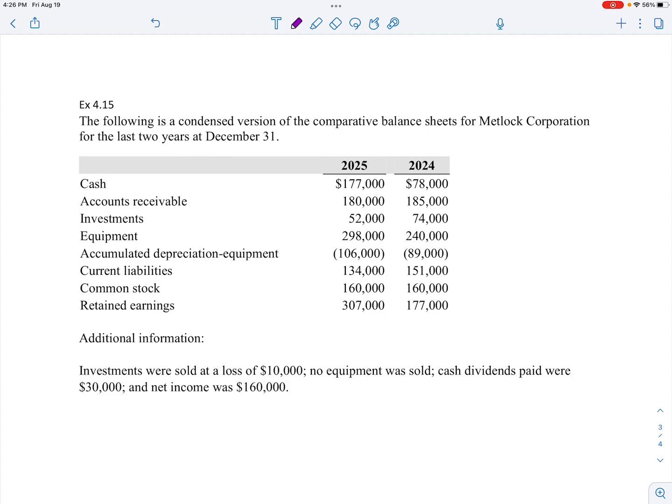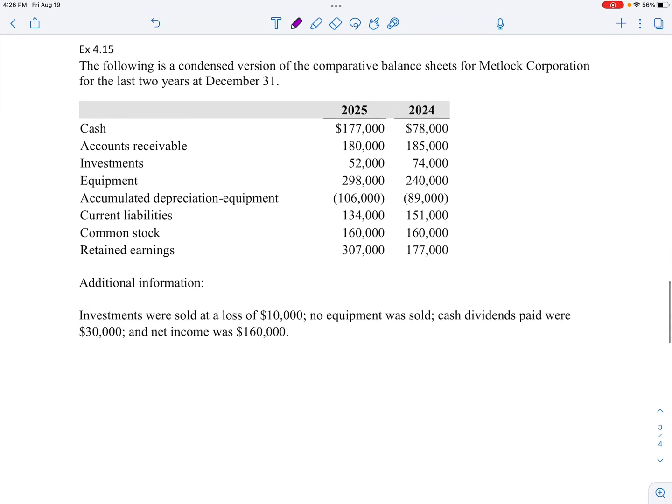So we're going to start there, and we're going to label out everything that needs to go. So we're going to start in the operating activities. So we list out cash flow from operating activities.